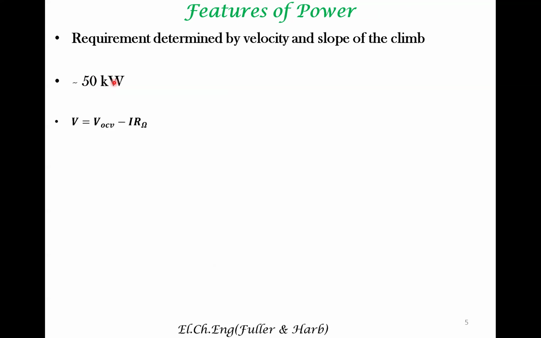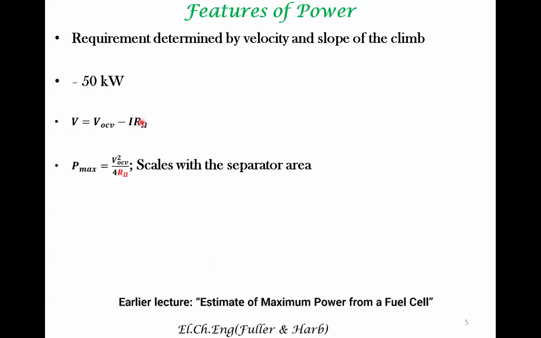So you are ohmically limited. The voltage from a battery can be approximated as V_OCV minus I R_omega, where R_omega is the ohmic resistance. In an earlier lecture, we determined how to estimate the maximum power from a fuel cell, but the concepts are fairly similar. Even in a fuel cell, you use this kind of formula to represent the voltage that you can get.